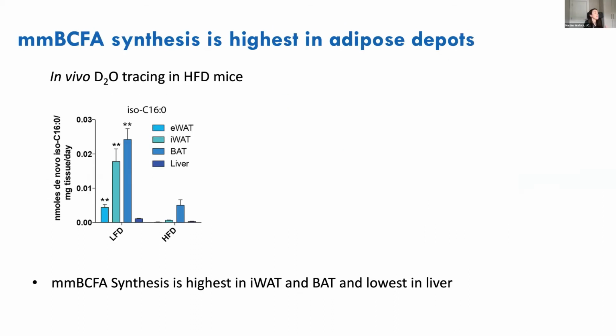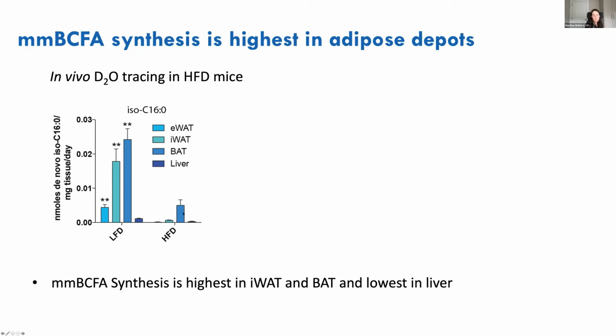And then what we decided to do was quantify how synthesis of these changes in high-fat diet-fed mice, and quantify an absolute flux in each of the main lipogenic tissues. So when we looked at total synthesis of these, we saw that synthesis was highest in the brown adipose tissue and lowest in liver.